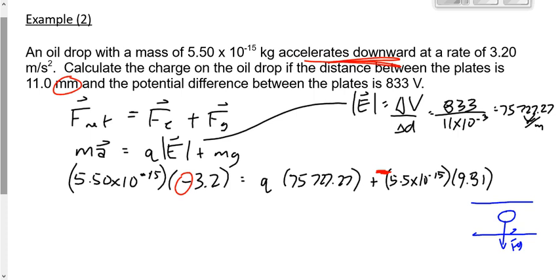So there must be a force up to counter that, right? But it must be a force smaller than gravity, because if it was bigger than gravity, it would accelerate up. So it's accelerating down, but less than 9.81. Okay, the electric force must be up. So we're going to leave this as a positive right here.